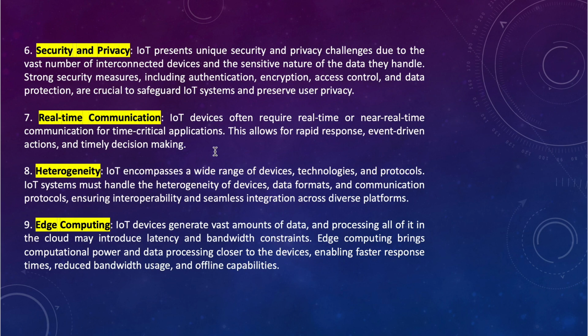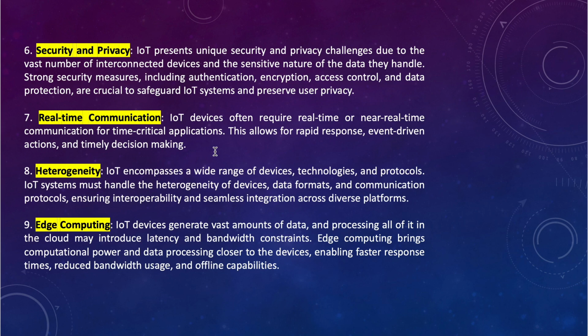IoT devices often require real-time or near real-time communications for time-critical applications. We talked about it in the examples as well. This allows for rapid response, event-driven actions, and timely decision making.